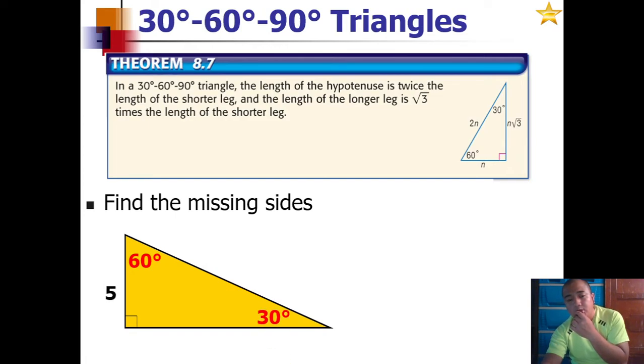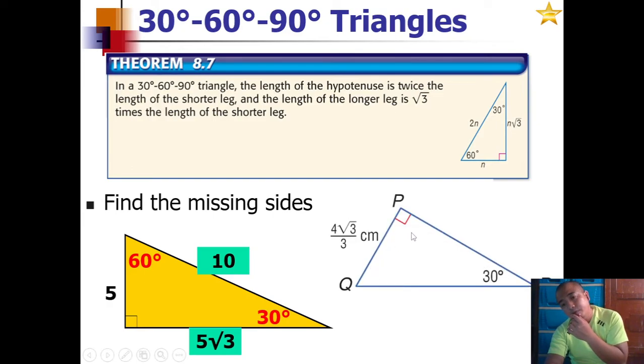If one of the legs is 5, the opposite of 30 degree angle, that means the hypotenuse is 10, 5 times 2. And the other leg is 5 square root of 3. Diba? 5 times 2 is 10, and 5 square root of 3, the length of the longer leg.